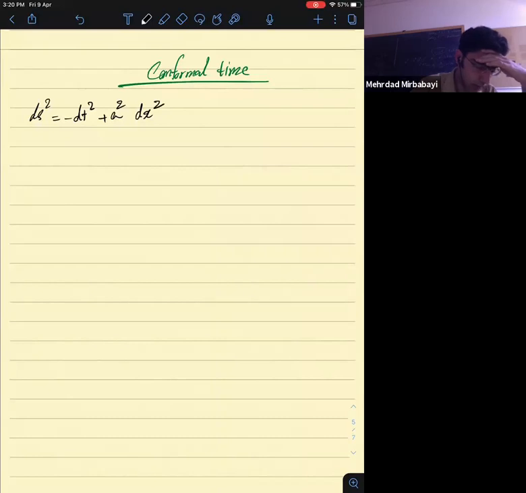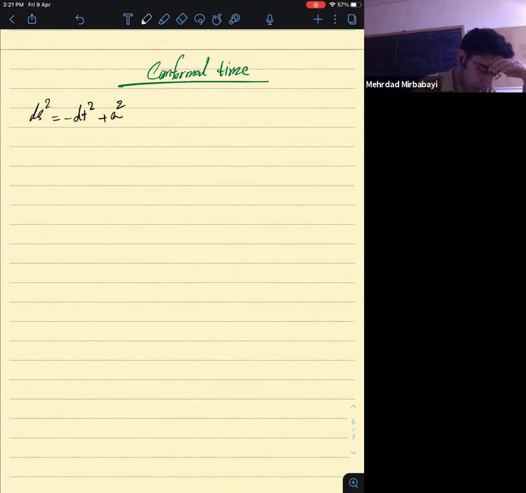But if it's not flat, then this part will take one of the three forms. In either case, the radial geodesics in terms of that chi coordinate would be the same, so everything that I said would hold there.